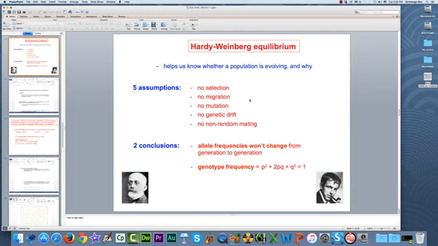So why do we care about Hardy-Weinberg equilibrium? Because when a population is in Hardy-Weinberg equilibrium, then we can know that the population is not evolving. In other words, the allele frequencies won't change from generation to generation. And when a population is in Hardy-Weinberg equilibrium, we can predict the genotype frequency of the population.